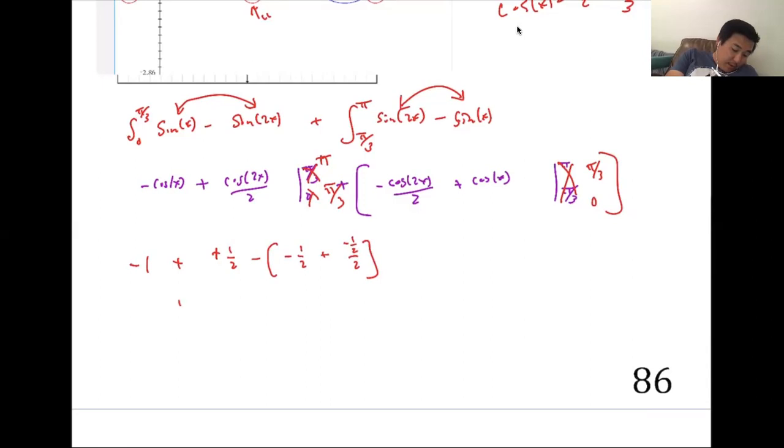That is 1/2, and then again plus 3 over 4, which equals 1/4.